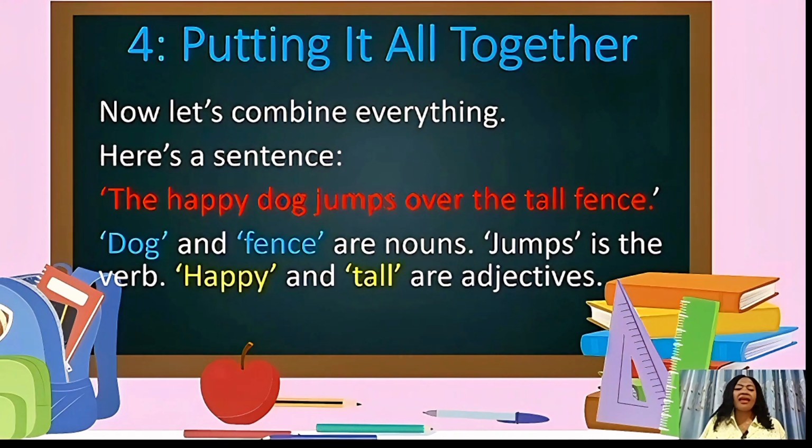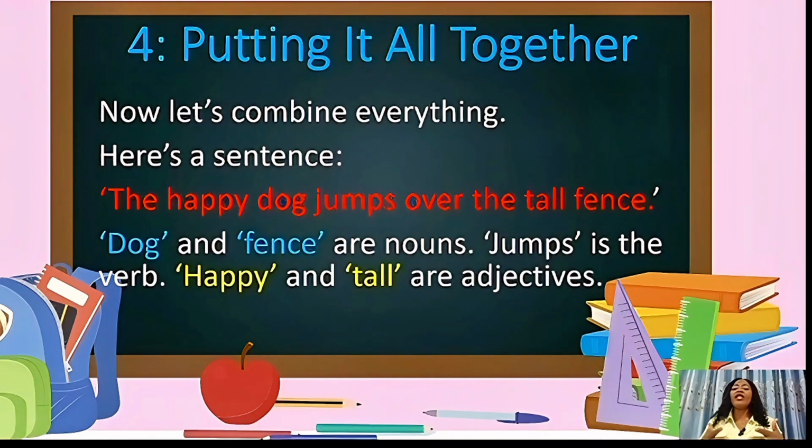Looking at this sentence, you realize that dog and fence are nouns. Jumps is a verb. That is the action in the sentence. Happy and tall are adjectives.